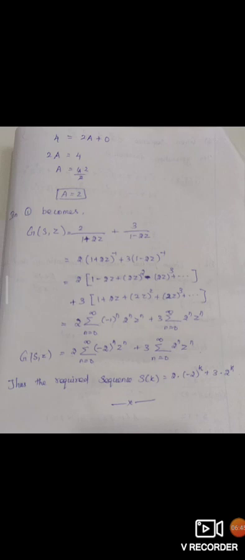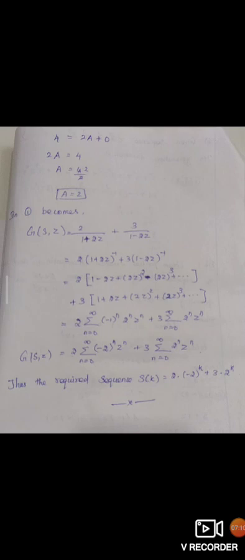So 2 into summation n equal to 0 to infinity. The first term has the alternate signs, plus minus goes like that. So you put (-1)^n into 2^n into z^n plus 3 into the second term, having all terms positive. So you put 2^n into z^n.